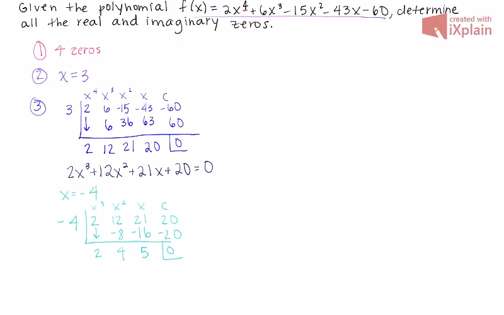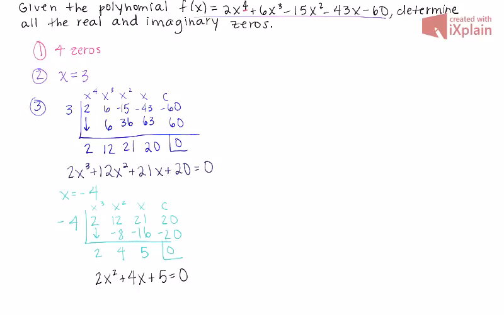I will now write my resulting polynomial. Since I took my cubic function and divided it by a linear, my resulting function will be 1 degree less, which is a quadratic. It will be 2x squared plus 4x plus 5 equal to 0.